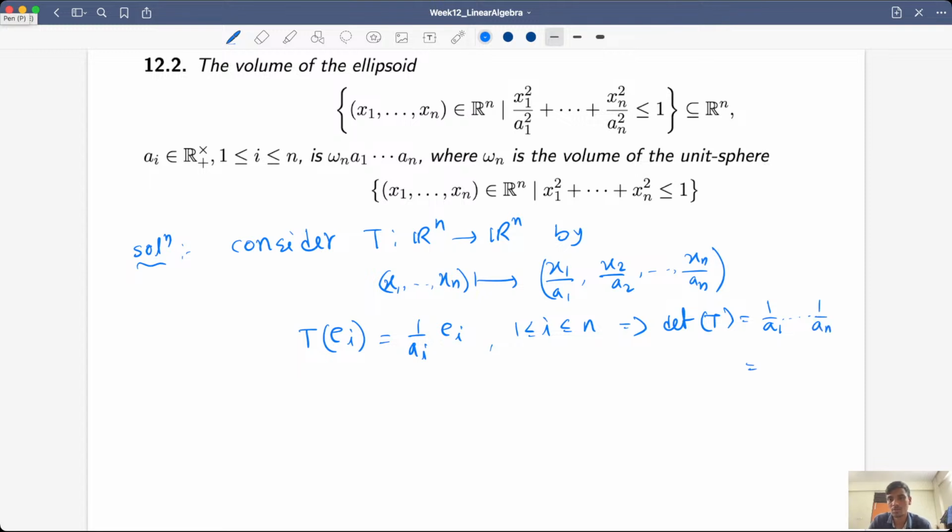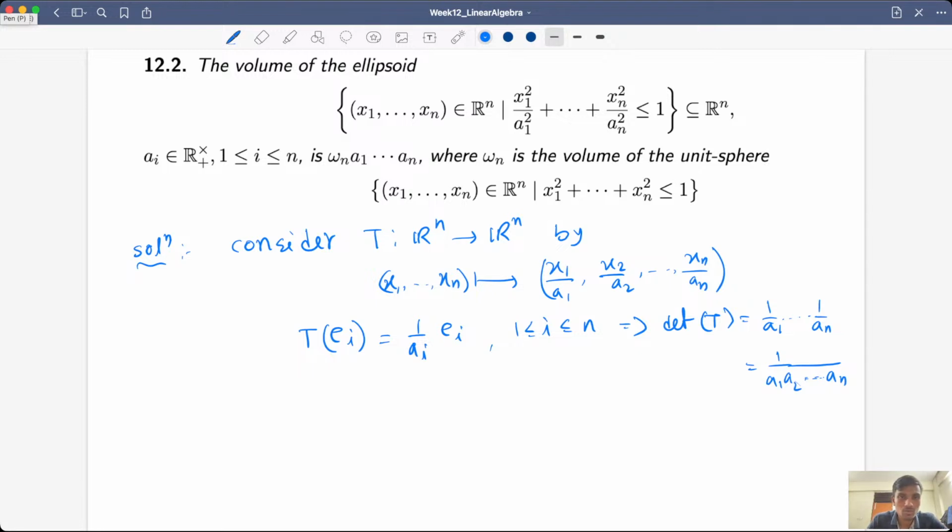So this is just 1 by a1 into an. As all the ai are non-zero, this is well defined. So in particular this T is also invertible. The inverse is clearly given by x1 goes to a1 x1, right?